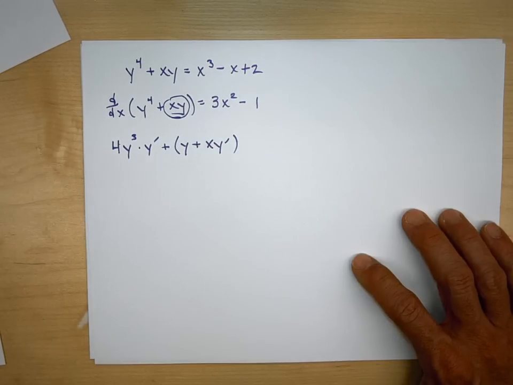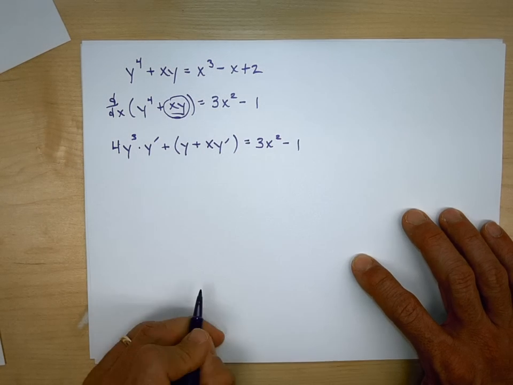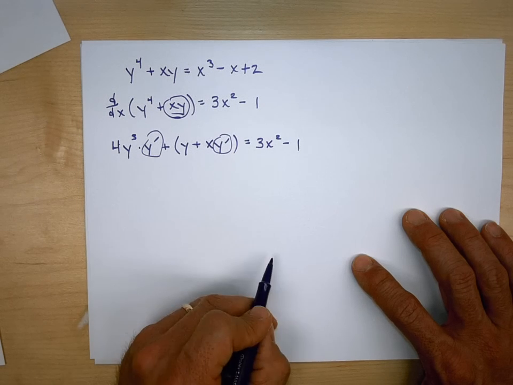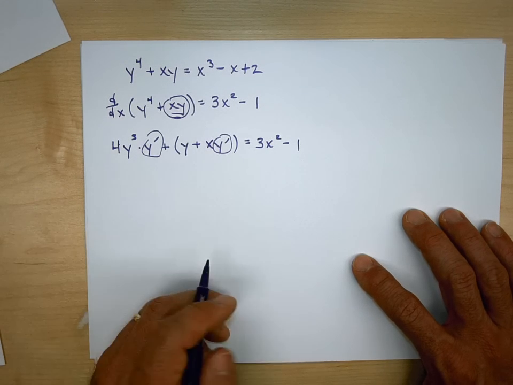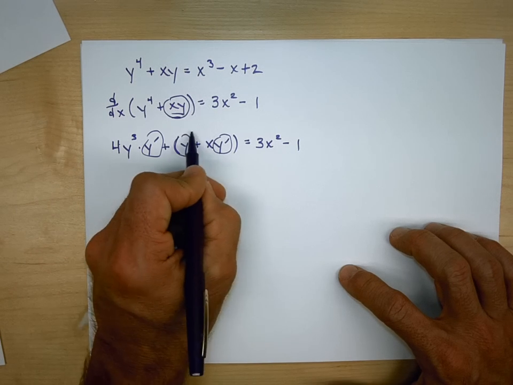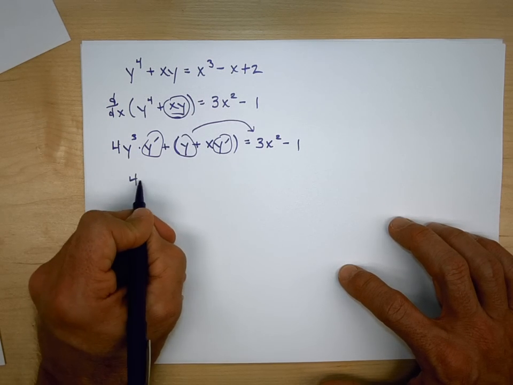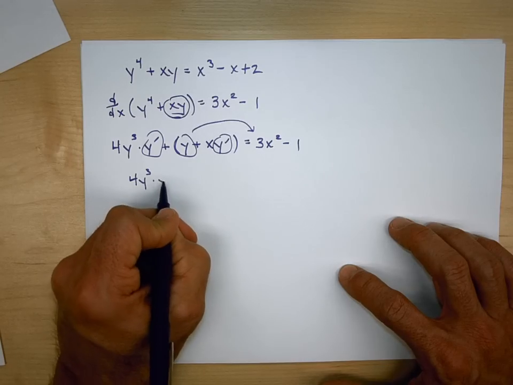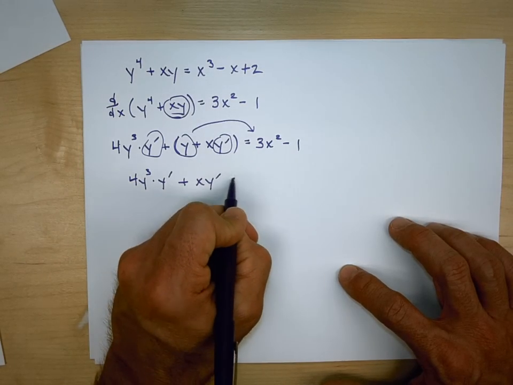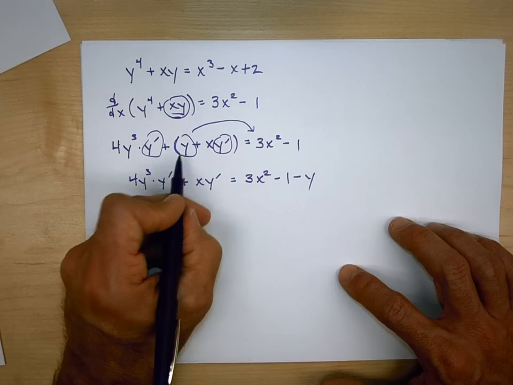And that equals 3x squared minus 1. So again, we need to collect these on one side and then factor the y prime out so we can solve for y prime. So that means I need to get this y over here by subtraction. So I'm going to have 4y cubed times y prime plus x y prime equals 3x squared minus 1 and minus y, because I subtracted it off of that side.